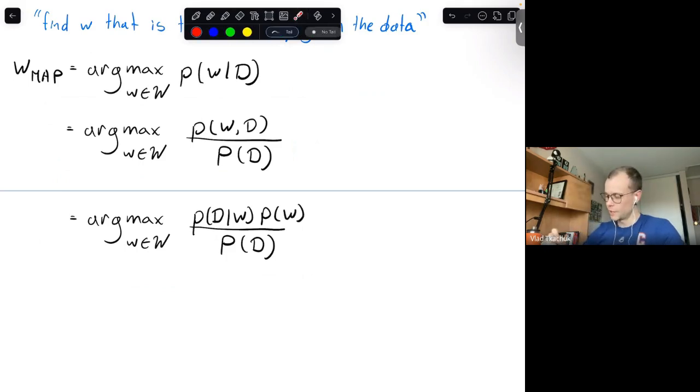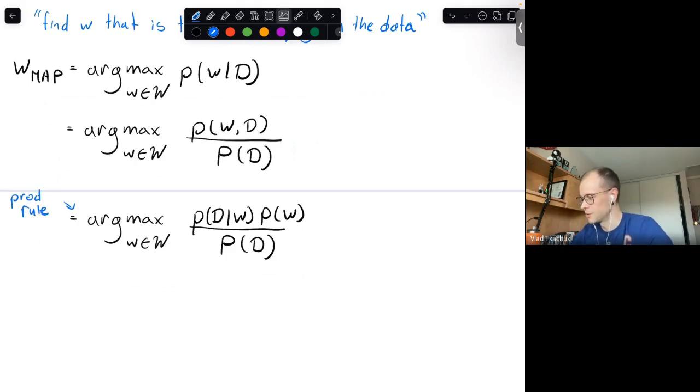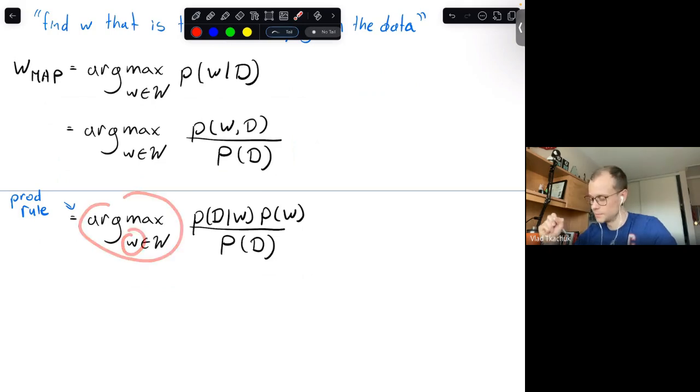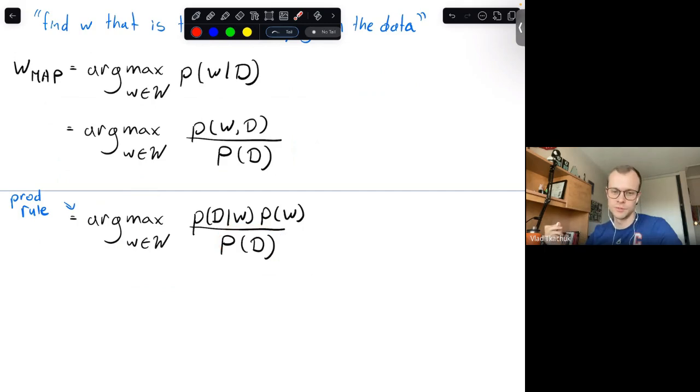Okay, and now one more step. Maybe I should point out this is the product rule, and the other one was just a definition. So one more step: this is an argmax over the parameter W. And here the denominator has nothing to do with W. It doesn't depend on W. And we've seen this a couple times before: for maximization or minimization problems, a constant doesn't change anything.